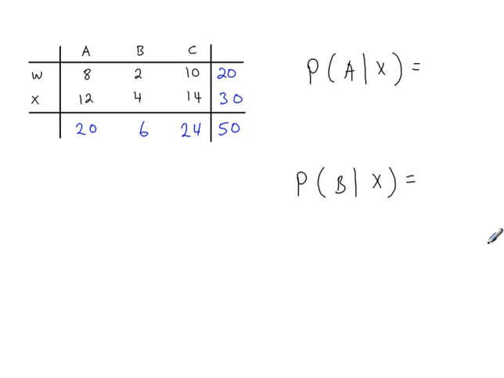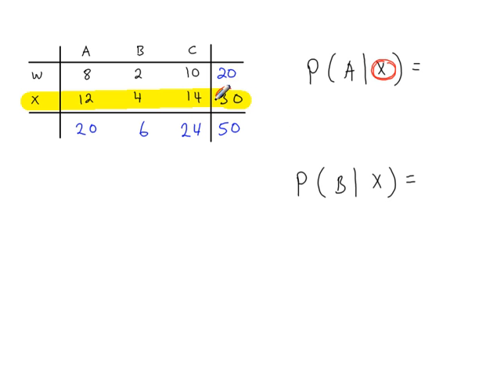Okay, we move on to conditional probabilities. This vertical line here represents conditional probability. So the event A happening, given that X has already happened. Now with conditional probabilities, start off by looking at this letter, the one on the right hand side, event X. And event X is in that row there.